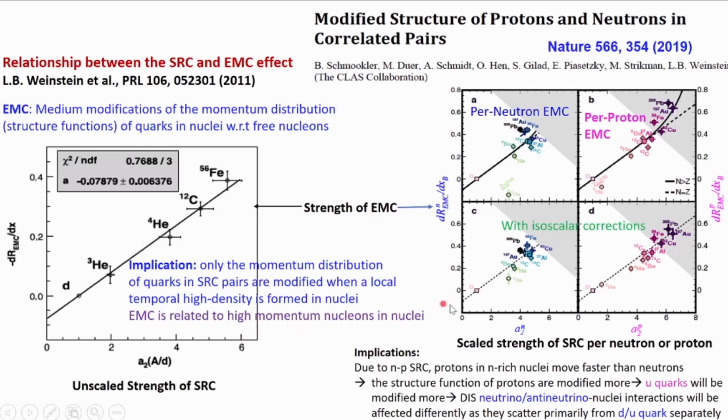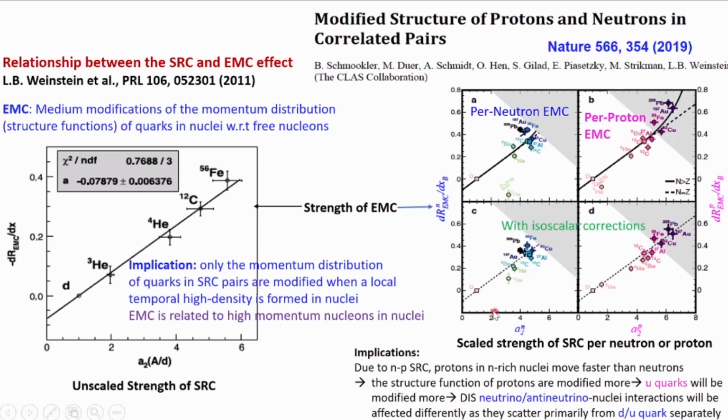They have recently studied simultaneously the strength of the EMC effect and the strength of short-range correlation. In the earlier case, this did look at all nucleons without the scaling. But in this new analysis, they scaled the strength of short-range correlation by the neutron number and the proton number.